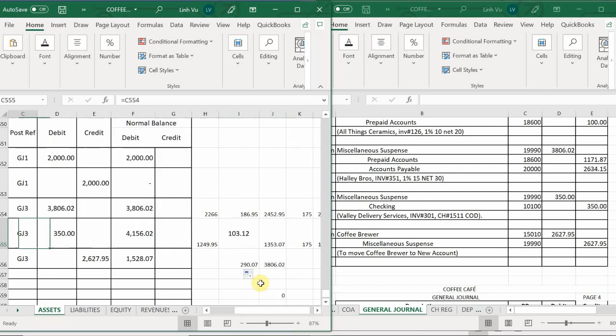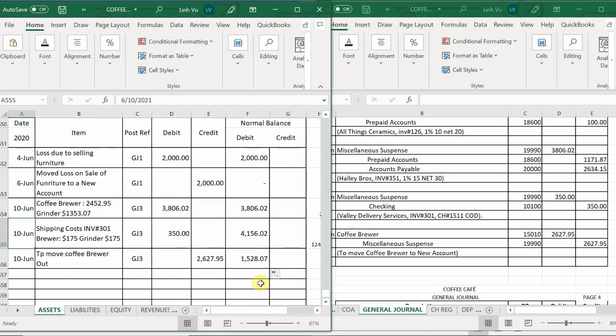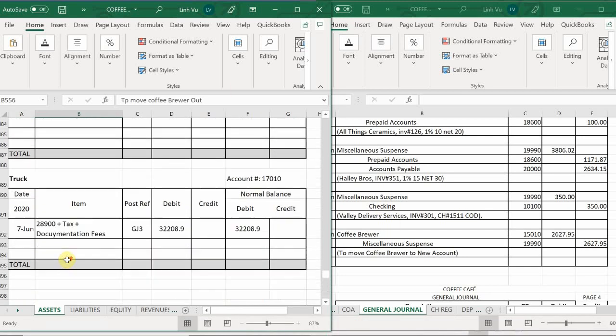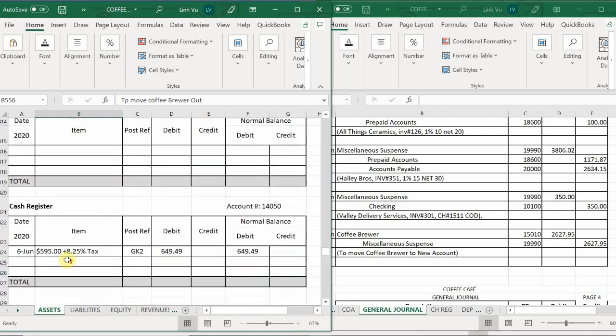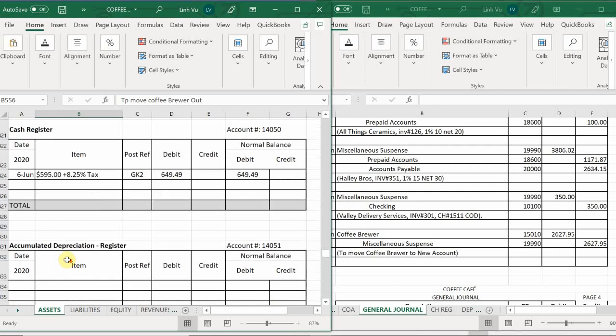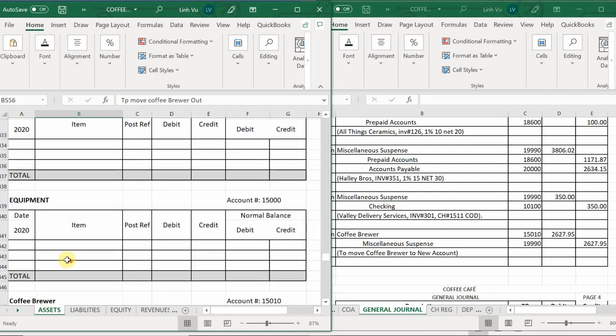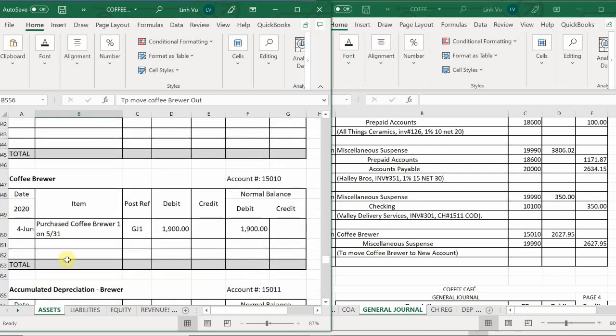All right. So now that I moved it out from my miscellaneous expense, I need to drop it into my new account for the coffee brewer account. Okay, so coffee brewer right here.